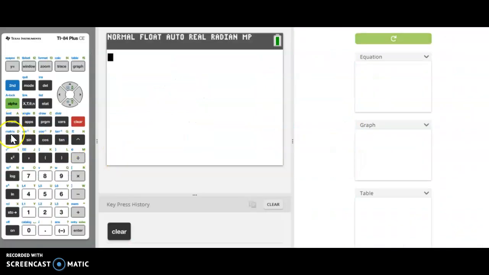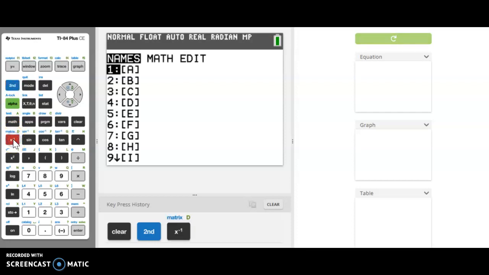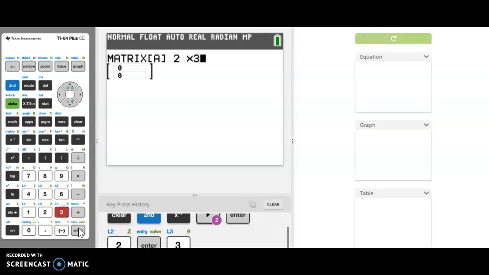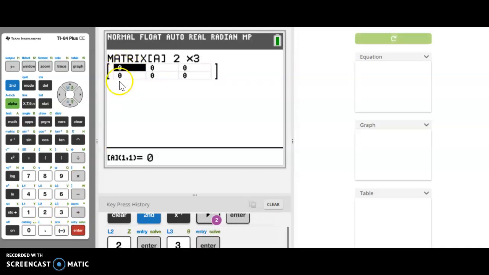Okay, so we will hit the second button. We will hit X inverse, which takes us into the matrix menu. I'm going to go over to Edit. I'm going to create a 2 by 3 matrix. It's going to be 2 tall and 3 wide. And now I'm going to type in those numbers from my matrix over on the other sheet.